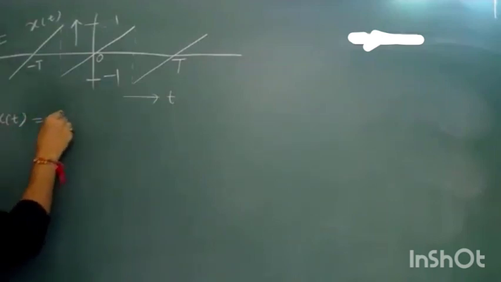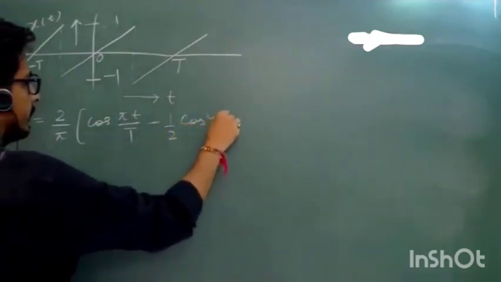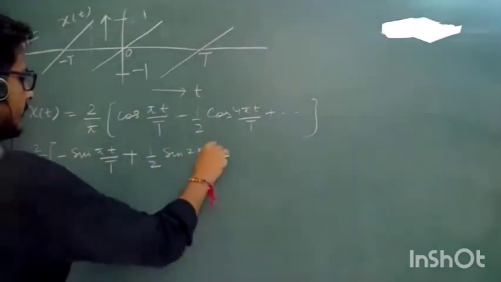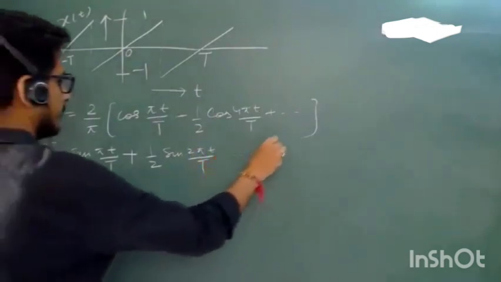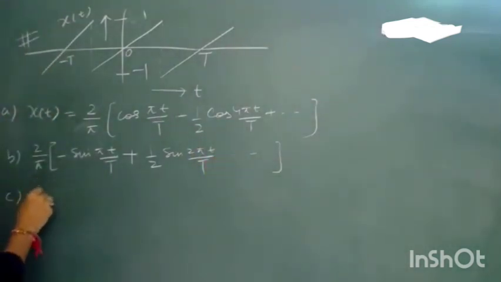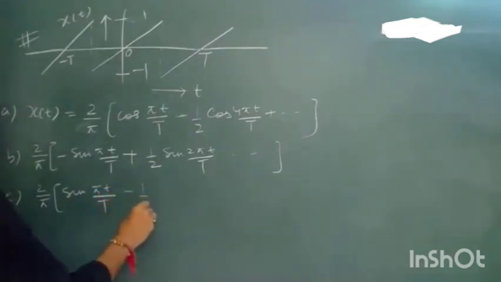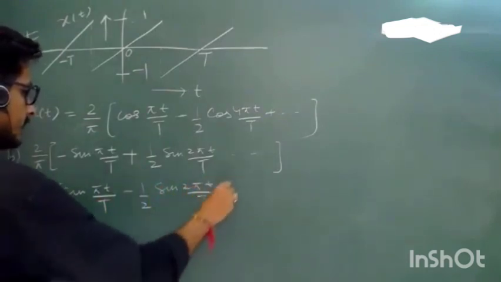So the options are: a, 2 by pi, cos of pi t by T minus 1 by 2 cos of 4 pi t by T plus dash dash dash. b, 2 by pi, minus sine pi t, half of sine 2 pi t by T, dash dash dash. c, 2 by pi, sine of pi t by T minus half sine of 2 pi t by T plus dash dash dash.